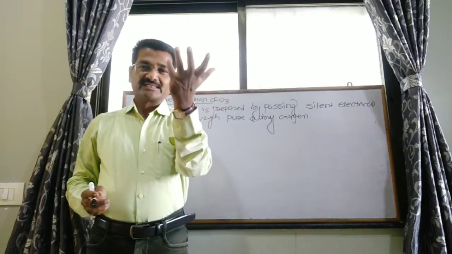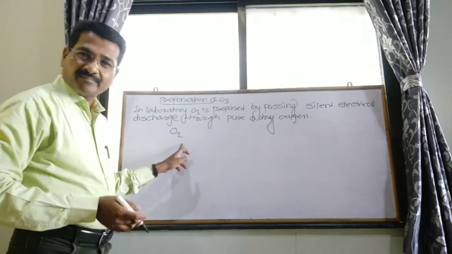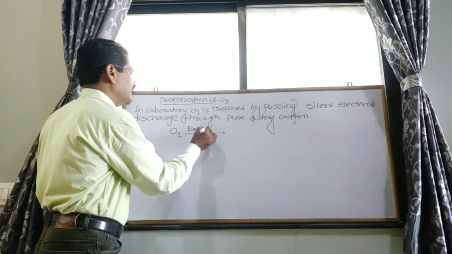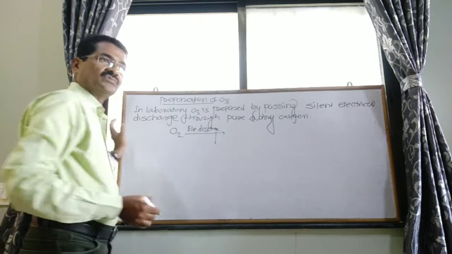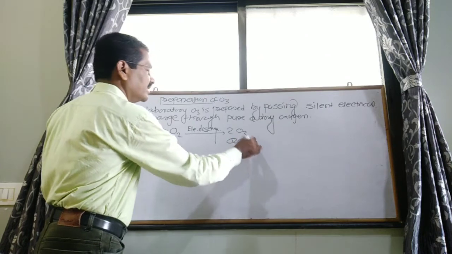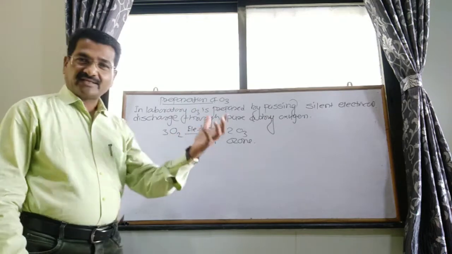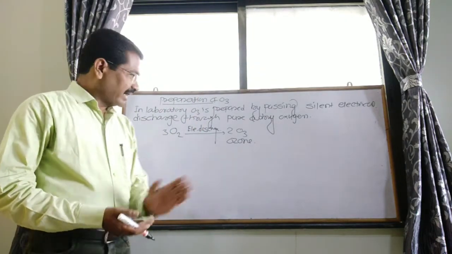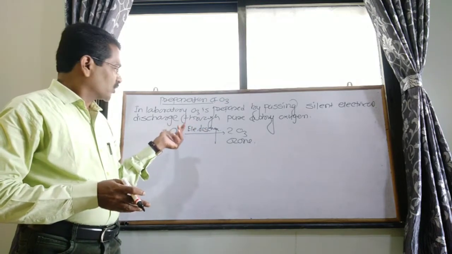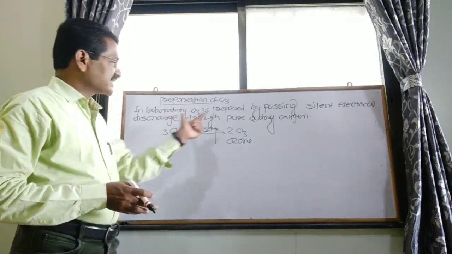In the laboratory, we have to take oxygen which is pure and dry. Through that oxygen, electrical discharge is passed. Then the oxygen is converted into ozone.